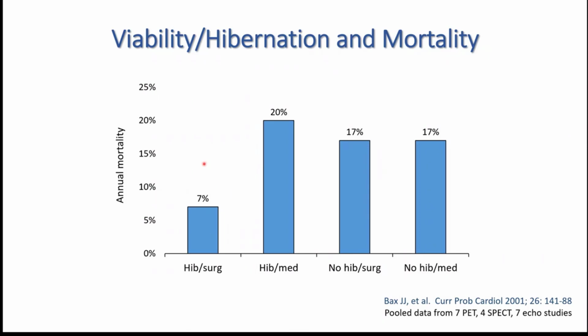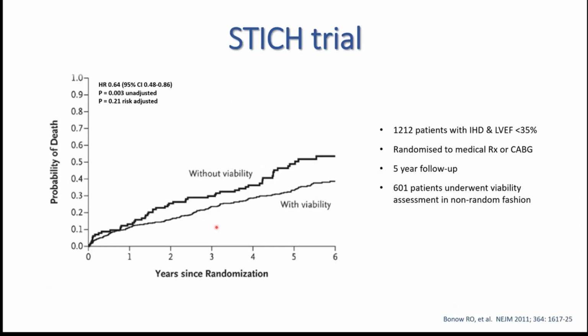And you can see that the group who did best were those with hibernation who were revascularized, and those without hibernation were somewhere in between, without a lot of difference between surgery and medical therapy. So a little bit of a mishmash of a meta-analysis, but I think pointing in the direction of hibernating myocardium benefiting, or patients benefiting from surgery.